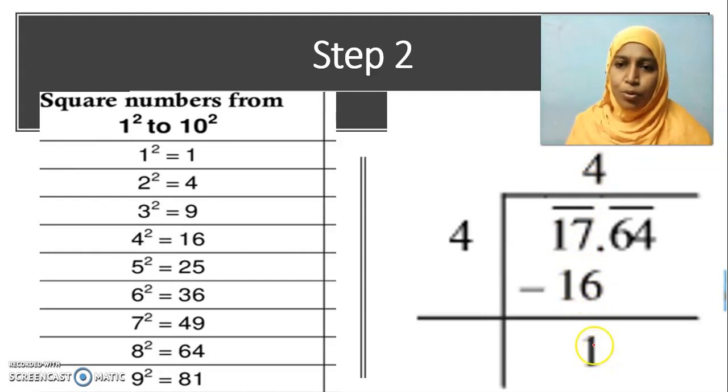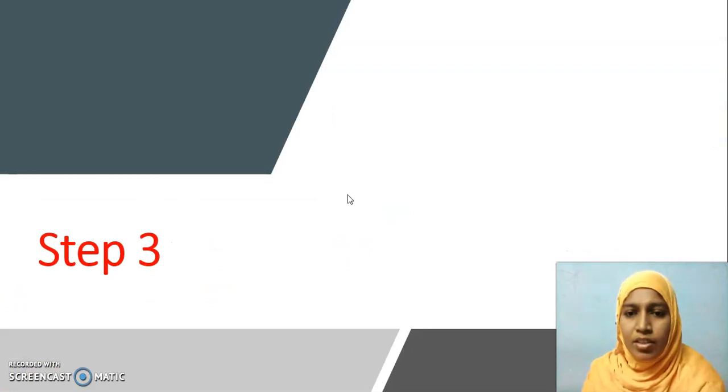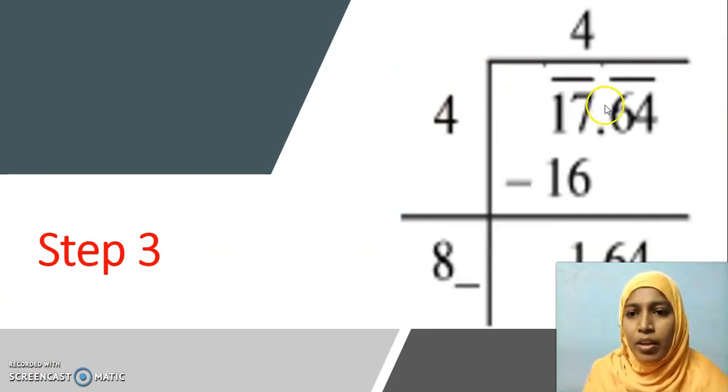This is step 2. Now after that, I don't have any whole number, but I have a decimal point. What to do now? Now let's get into step 3. Okay, children? In step 3, we will bring down this number 64 here.